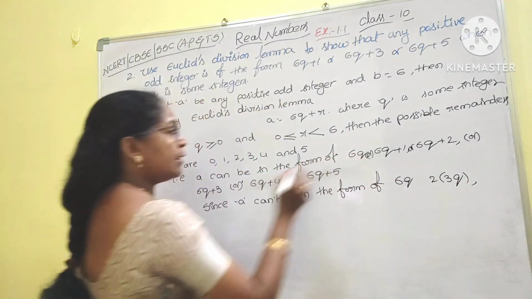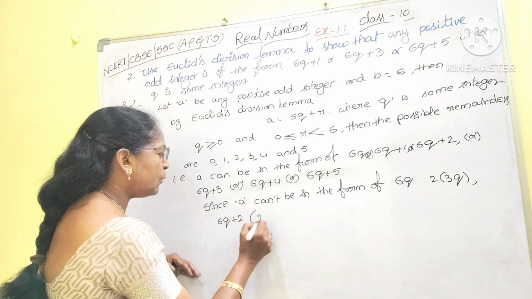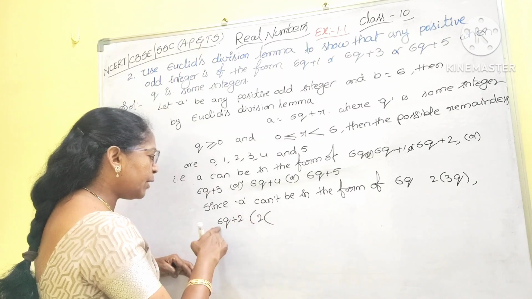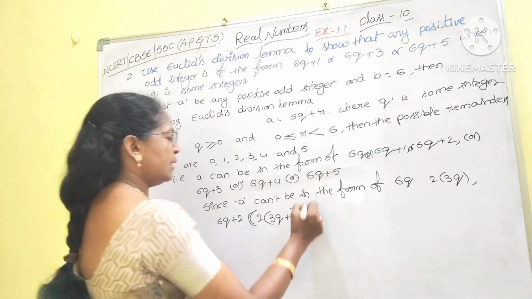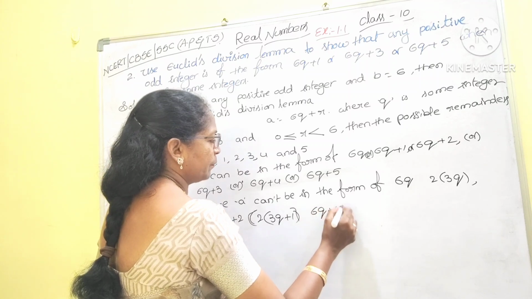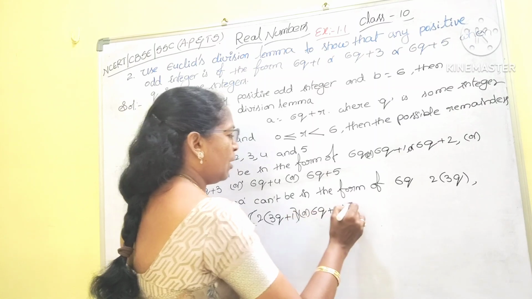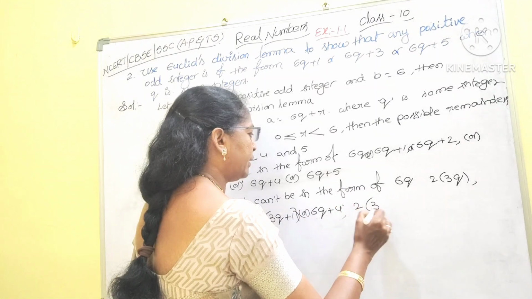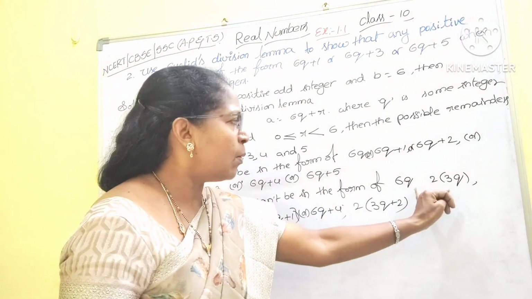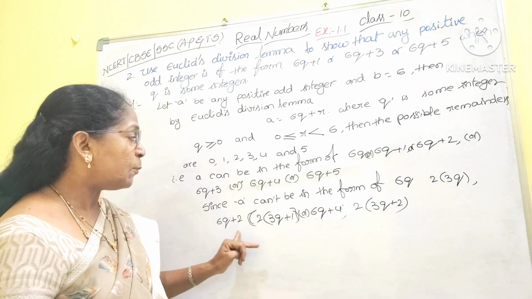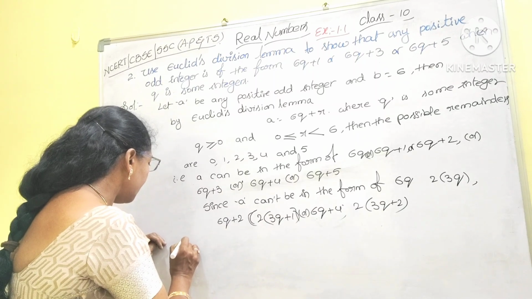And 6Q plus 2 also, if you take 2 as common, 2 divides 6 three times, giving 2 times 3Q plus 1. As well as 6Q plus 4, where again you can take 2 as common, giving 3Q plus 2. So A cannot be in the form of 6Q, or 6Q plus 2, or 6Q plus 4.